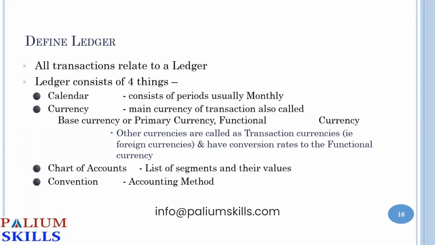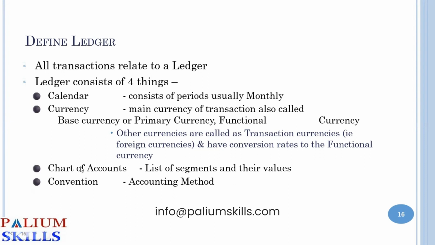Other currencies, there might be multiple currencies. Remember, most organizations nowadays are global organizations. So you look at Infosys, TCS, Tata Motors, Tata Steel, they are all multinationals now. They are operating in different geographies with different currencies. So those currencies can be called transaction currencies.